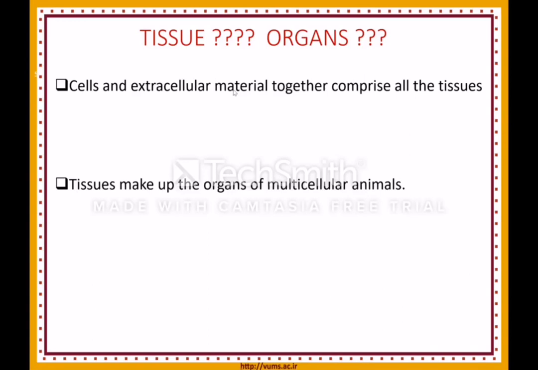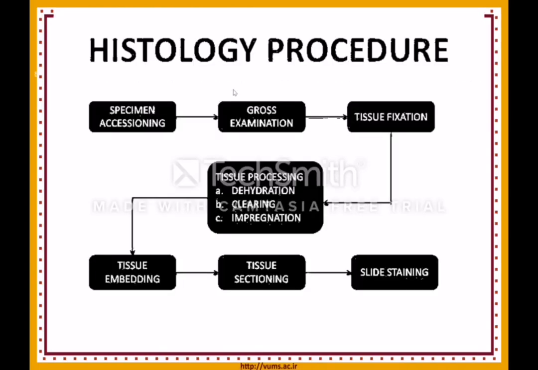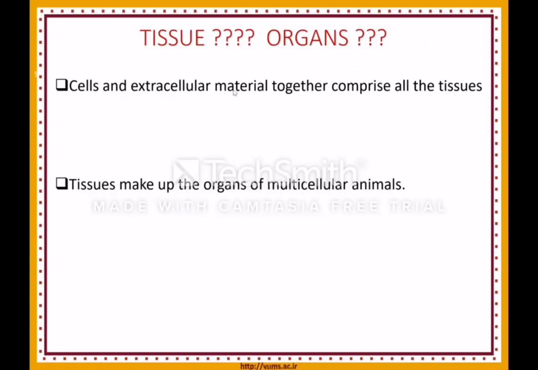Yes, these cells and the extracellular matrix together comprise the tissue, and the tissue makes up the organs, and finally organs form different systems.